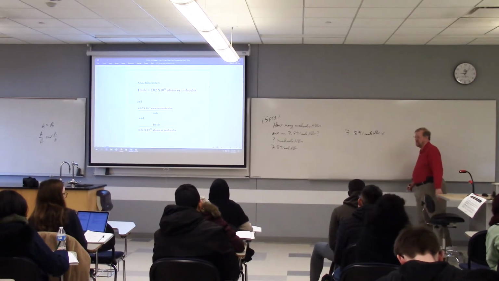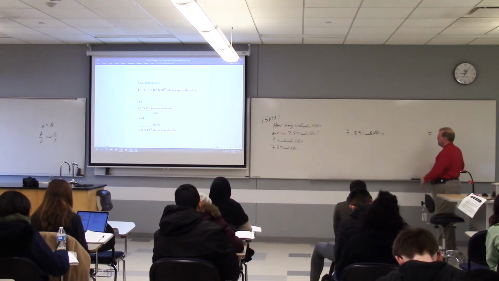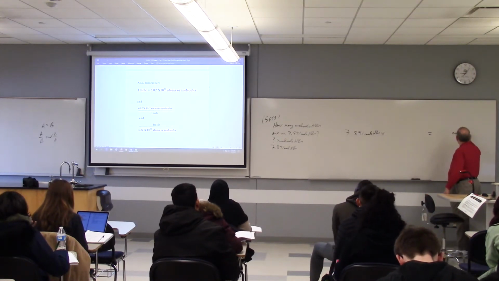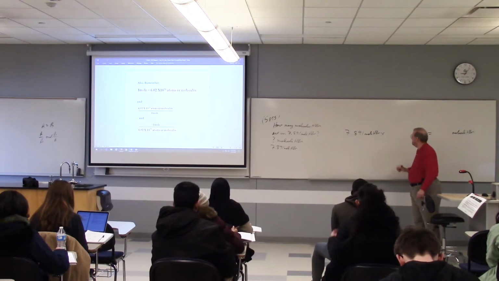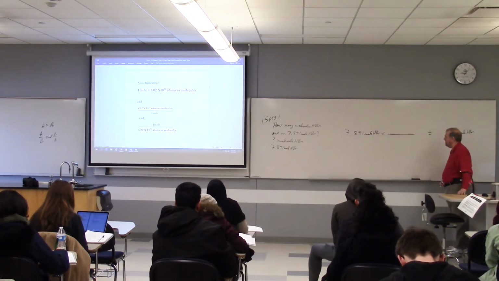And how do you use it? This is what I'm starting with. What am I trying to get to? Well, look at the units. Molecules of HBr. And now if I had a magic ratio, it's not magic, it's chemistry, that I could convert this to this, what would I use?